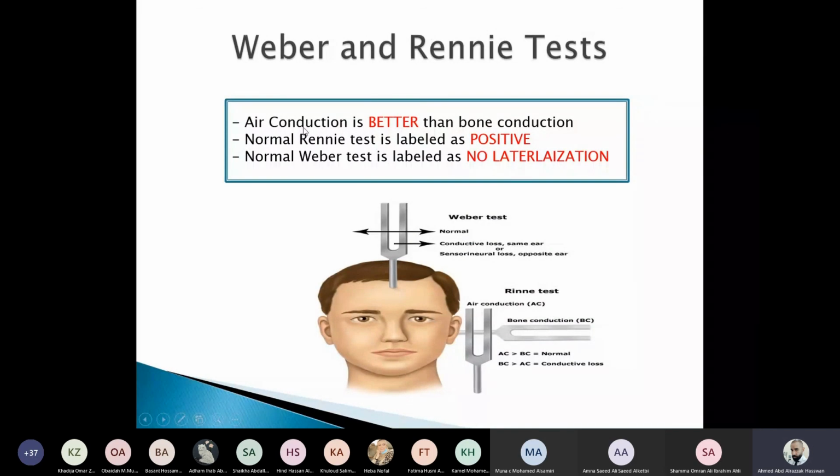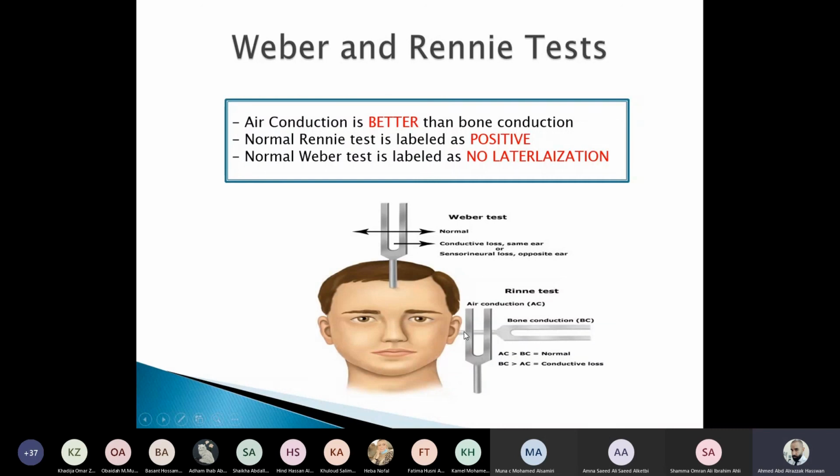And since air conduction is better than bone conduction, the patient should still be hearing this. So he stopped hearing from the bone conduction, but if we project the tuning fork, he should be able to hear air conduction, let's say at a lower amplitude, or loudness, okay, and this is normal.